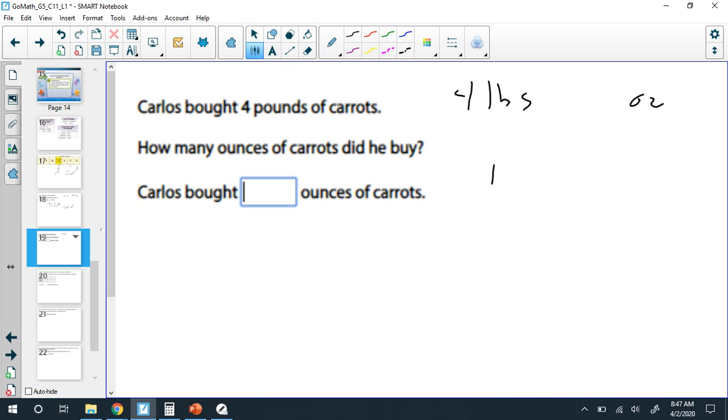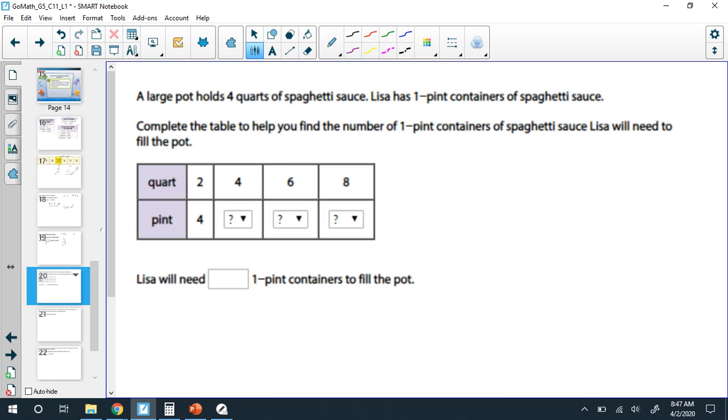So in this case, we are going to multiply. Again, big to small, we multiply. So 16 times 4: 4 times 6 is 24, 4 plus 2 is 6. So Carlos bought 64 ounces of carrots if he bought 4 pounds. All right, pause it, solve it, and come back.